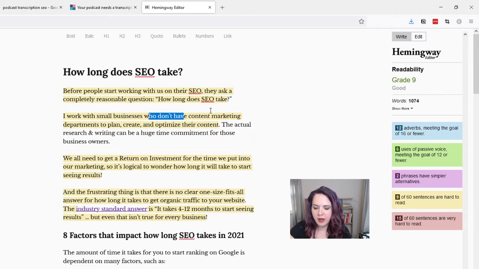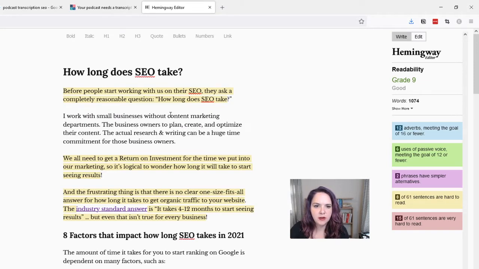Instead of "who don't have," I could say "without content marketing departments." So maybe I could simplify this down to: the business owners have to plan, create, and optimize their content themselves.